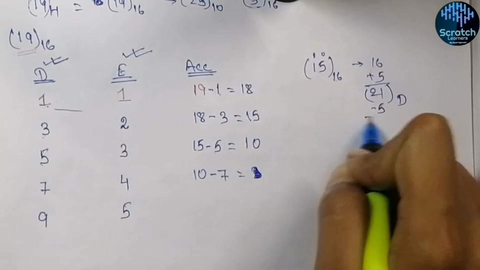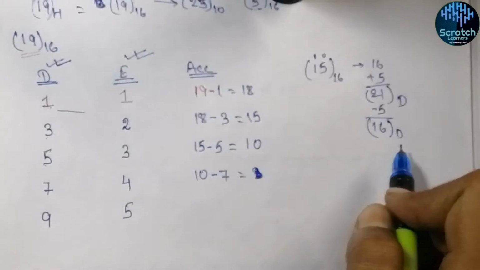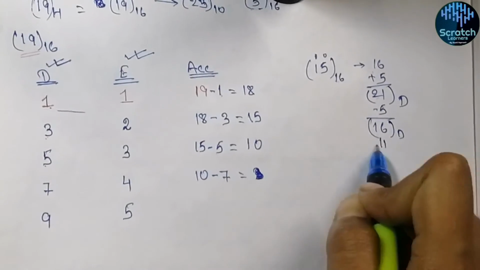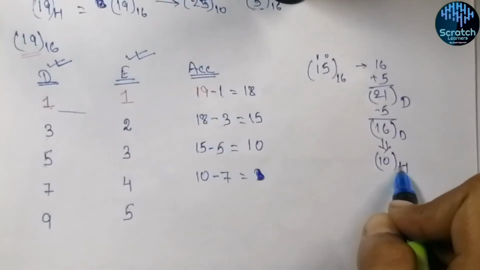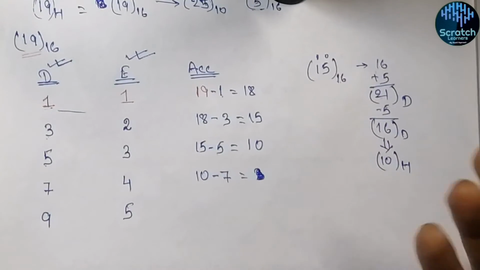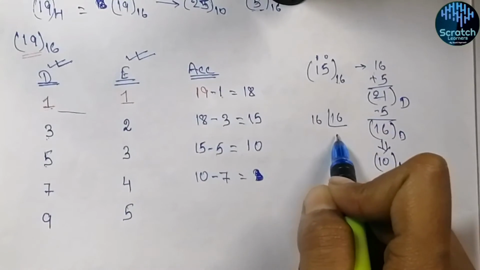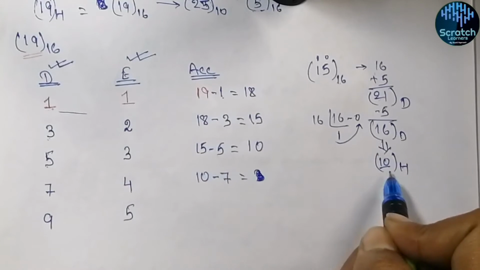So 21 minus 5 is equal to 16, but this is in decimal. If we convert this into hexadecimal, then 16 is equal to 10 in hexadecimal. You can simply prove it: 16 divided by 16 gives quotient 1 and remainder 0, so the number is 10 hex.